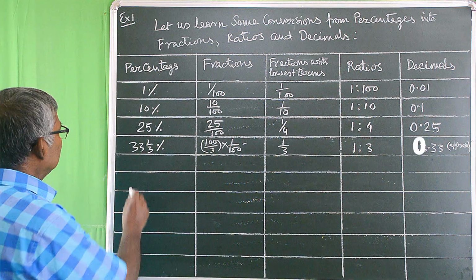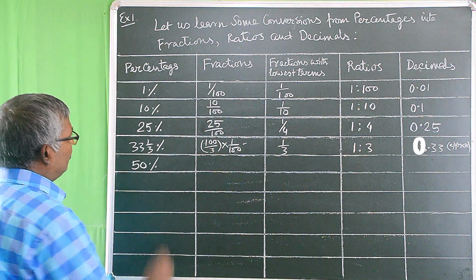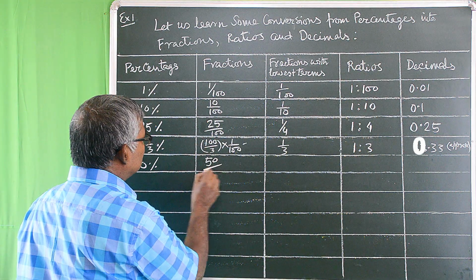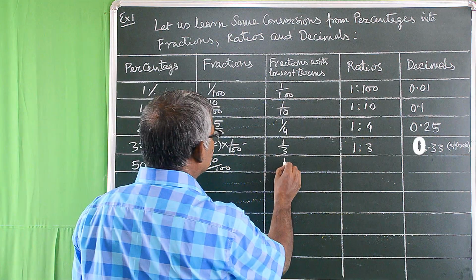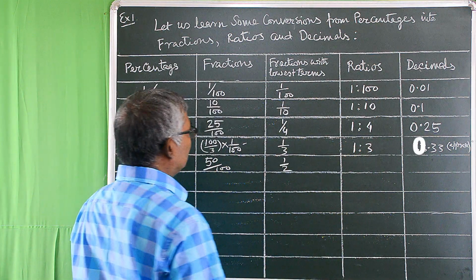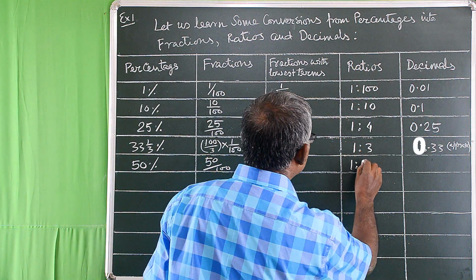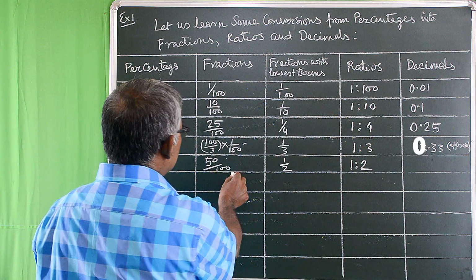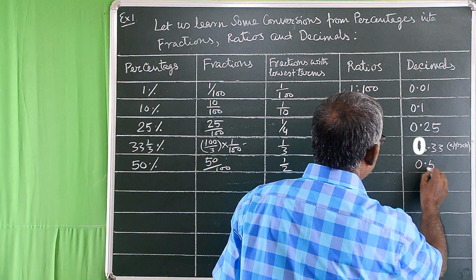Now let us see what is 50%. That is 50 by 100. In simplest form, it is 1 by 2. This can be expressed as ratio 1:2. And what is the decimal form? That is 0.5.